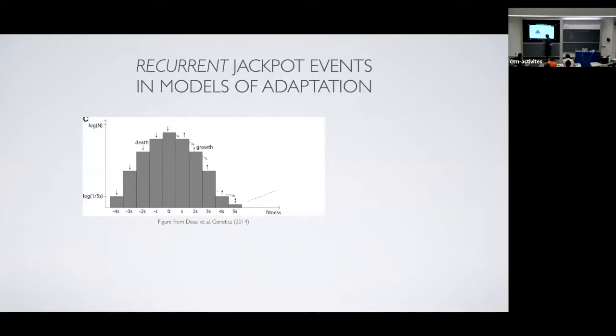What you find in this model is essentially a Gaussian-looking distribution over fitness space, where one assumes that every mutation has the same effect, little s. So you have discrete classes, bins, 0, s, 2s, and so on.